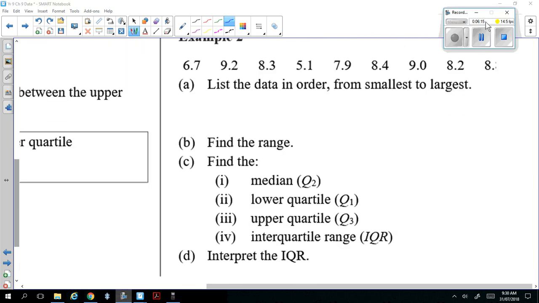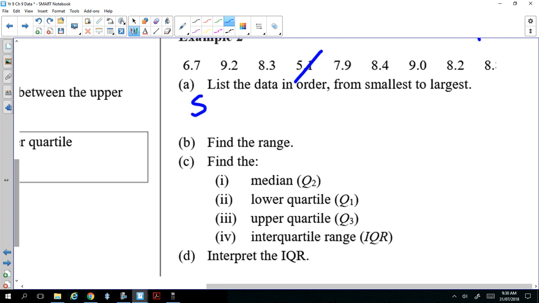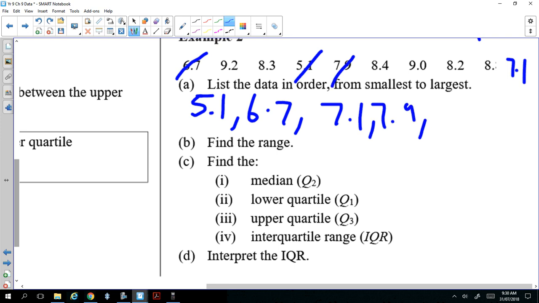Okay, let's do this. So, what's the smallest score? The next one is 5.1, 6.7, 7.1, 7.9, 8.2, 8.3.